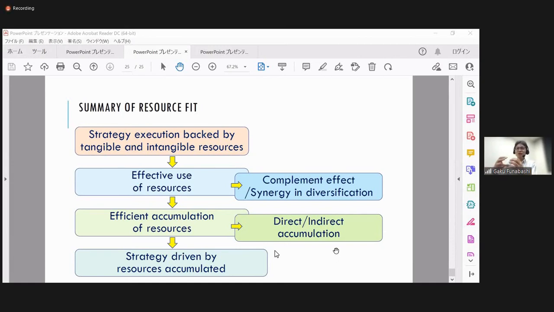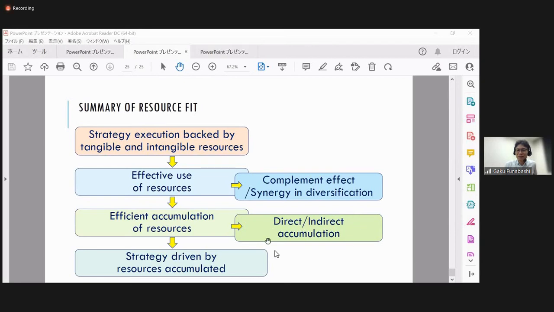If you do it yourself, you will learn about that process, and maybe you will get better ideas and knowledge about these processes. So by doing that process operation, you learn more. And that is the way you can accumulate knowledge, technologies, or other intangible assets. That is why I use the word indirect.